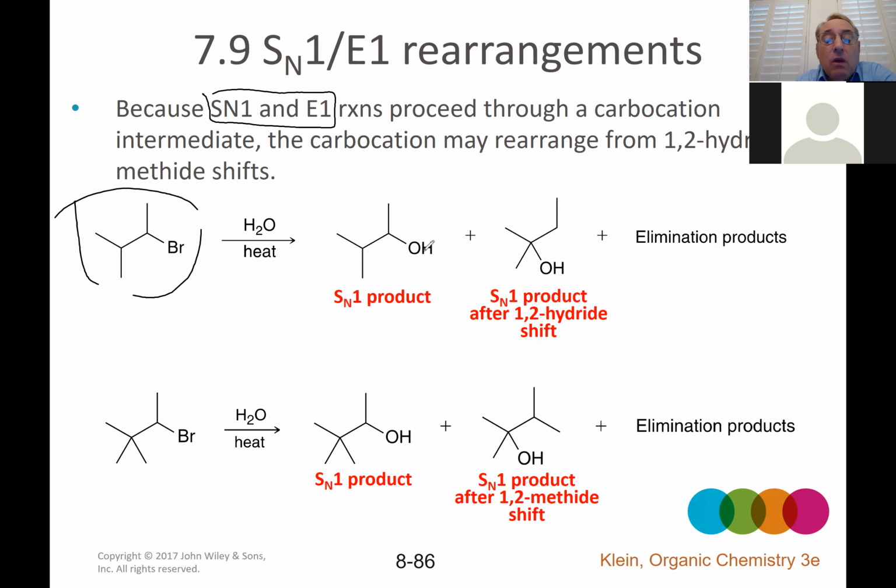And notice the water loses H plus. It initially attaches as H2O, and then it loses the acidic hydrogen. So the SN1 product's an alcohol, and you see we're getting two of them. We'll see why. And then you're going to get alkenes due to elimination from the intermediate carbocation, right?